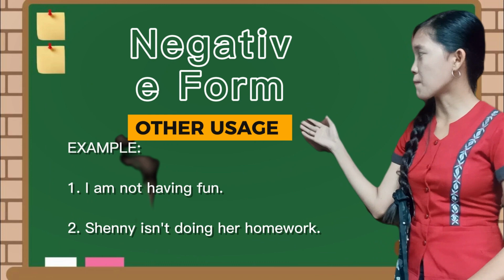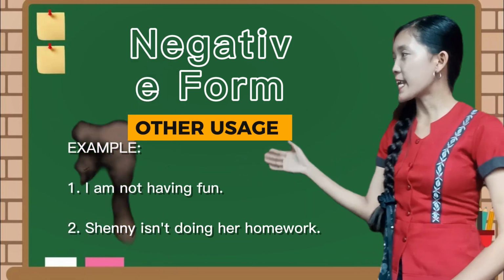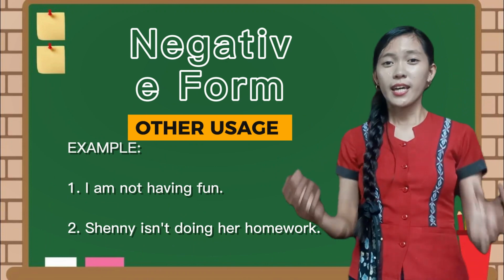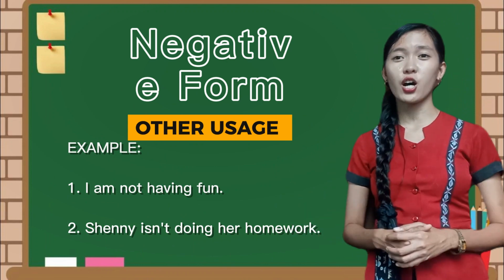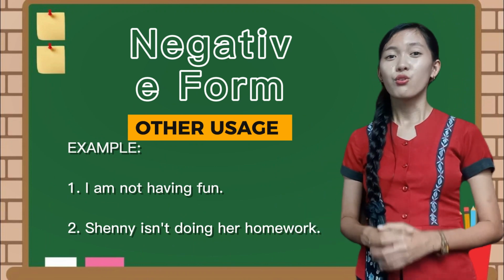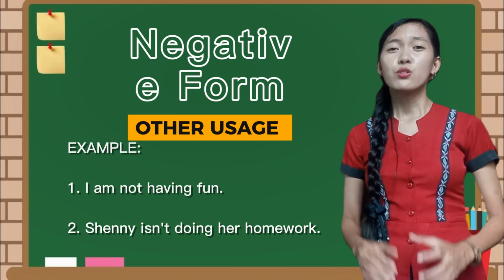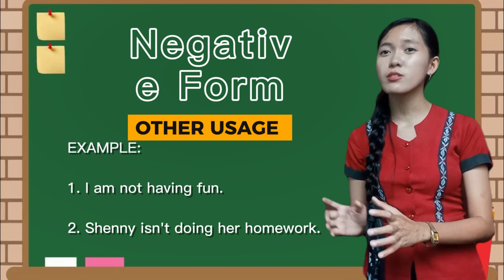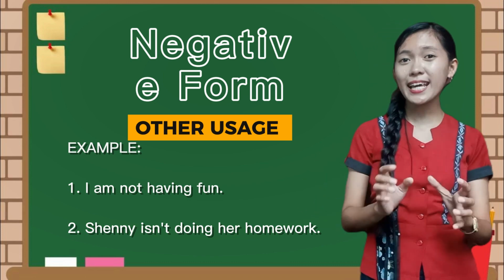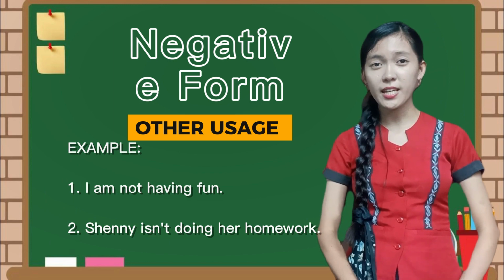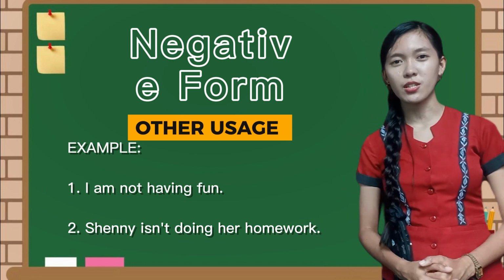In the second example, it says here, Shani isn't doing her homework. Here, we use the contraction isn't for is not. So, just like the first sentence, we put not in between is and the verb plus ing. Okay? Let's proceed to the next usage.